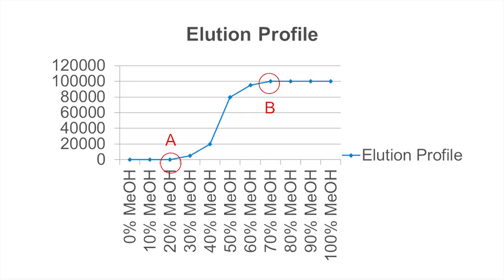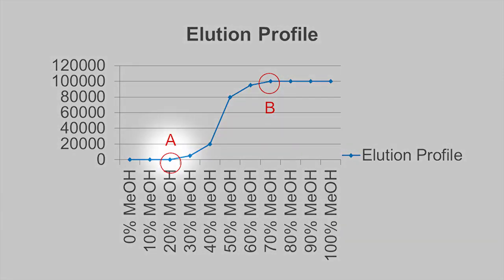The highest percent organic with approximately 0% recovery is the ideal wash step. The lowest percentage organic with high percentage recovery is the ideal elution condition, therefore leaving behind the most contaminants.